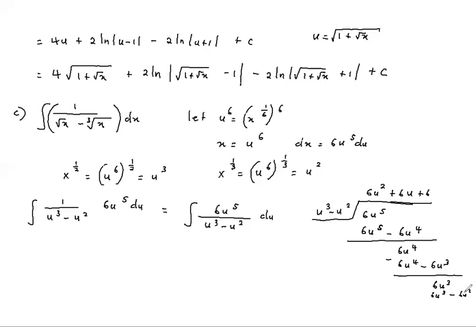So this is going to be the integral of 6u squared plus 6u plus 6, so I can cut it here and say du, and then plus the integral of 6u squared over, we now write u^3 minus u^2 as u squared, and then u minus 1 du.